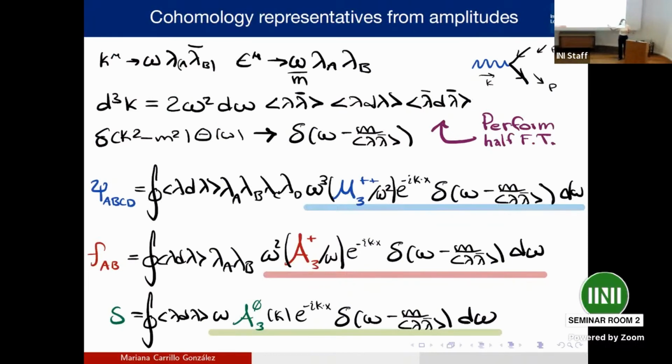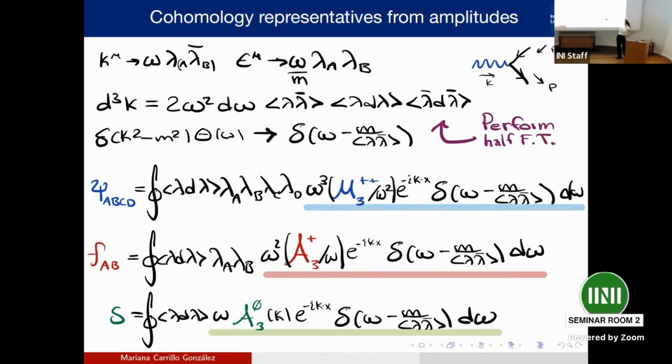So this is the Fourier transform relationship I showed before between some 3-point scattering amplitudes and your exact solution for either your Weyl, or I guess here it should be your Cotton. Now for your vector k^mu, I'm splitting it in this way, some omega for the energies and these two spinors lambda. And you can do the same for the polarization vectors. In the massive case, there's something very simple. Once you use that and integrate over, well, your measure d^3k will turn into this sort of complicated looking expression.